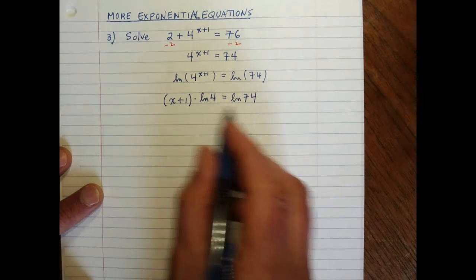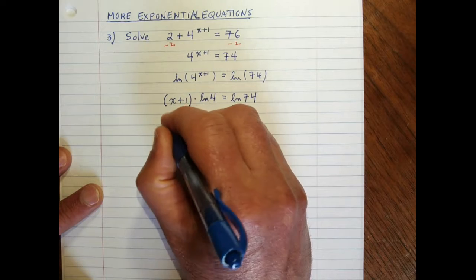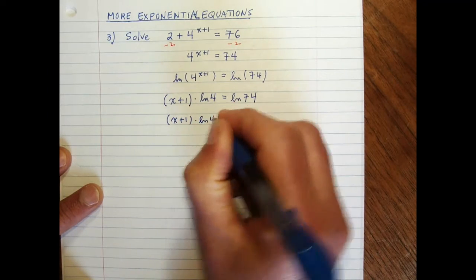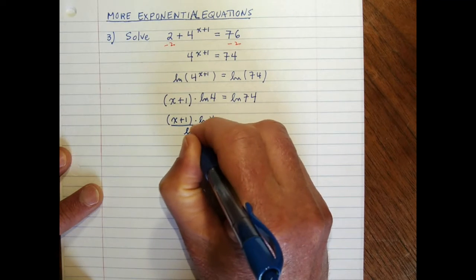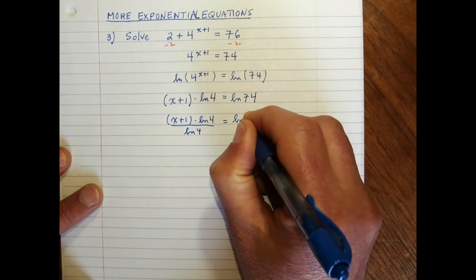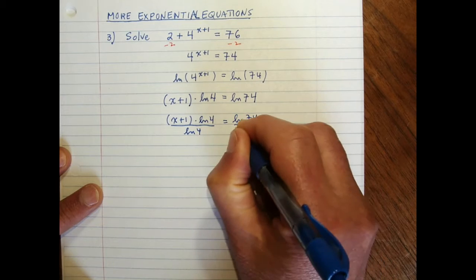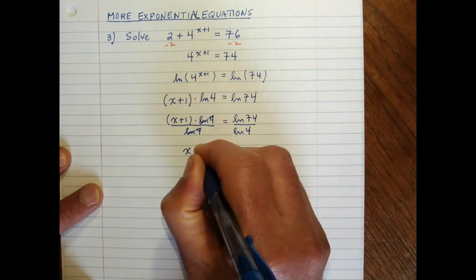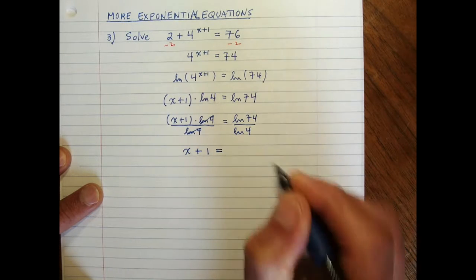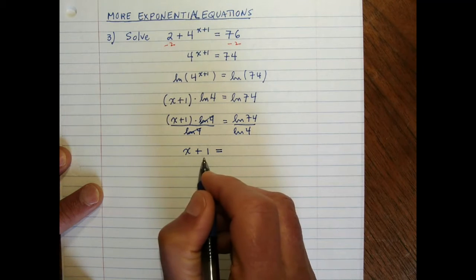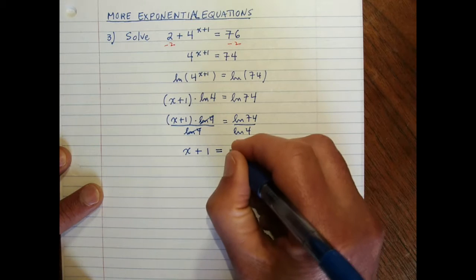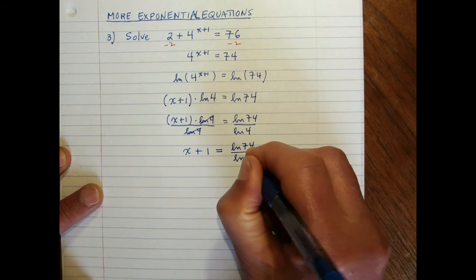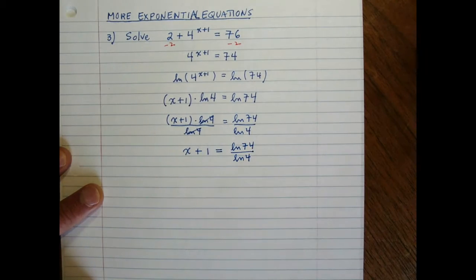I think I'm going to divide both sides by ln of 4 here. And so I end up with just x plus 1 in parentheses. I don't need to write the parentheses since it's all by itself on one side of the equation now, equals ln of 74 over ln of 4.